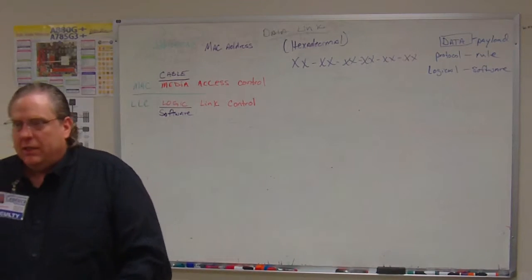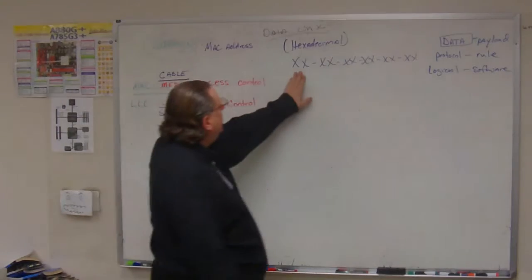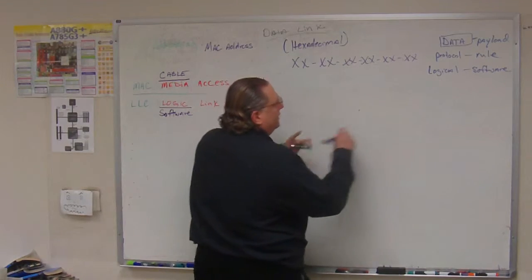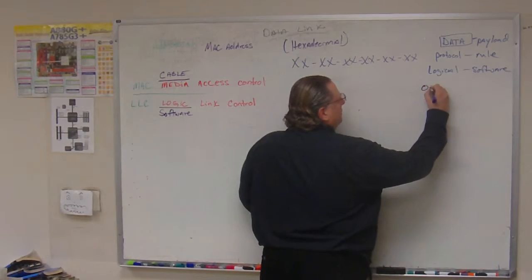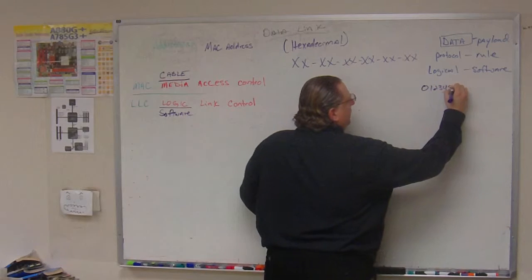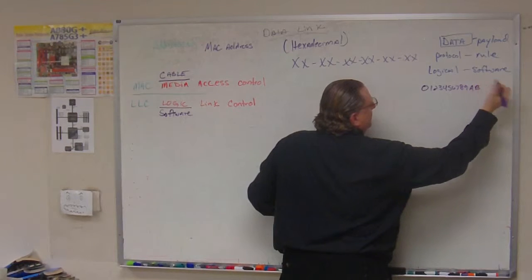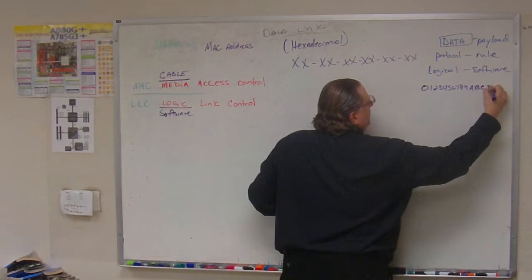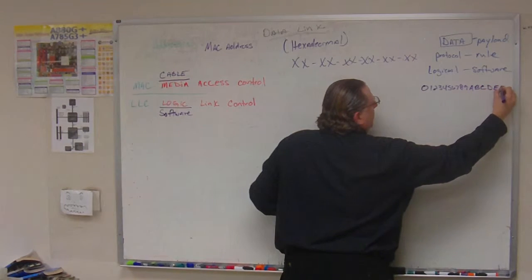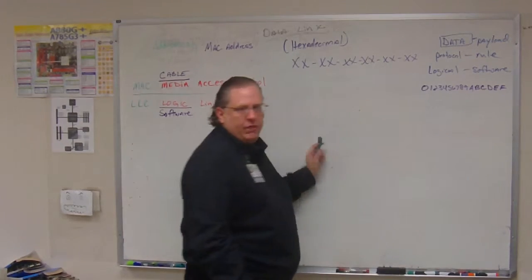But these here will be anything between 0, 1, 2, 3, 4, 5, 6, 7, 8, 9. A is 10, B is 11, C is 12, D, E, and F up to 15.